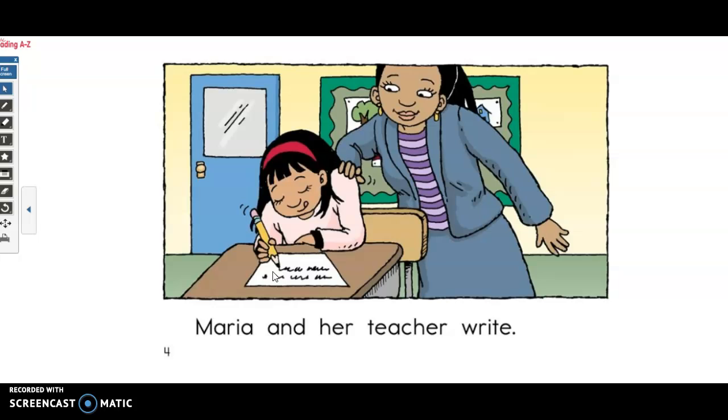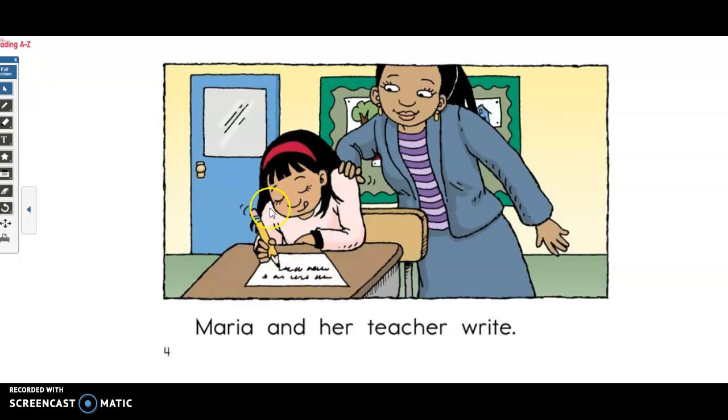Now, this picture is very interesting to me because I noticed that the teacher's hand is on Maria's shoulder. I wonder what that means. Do you think that the teacher is a nice person? Yeah, I think so, right? The teacher is putting her hand on Maria's shoulder because she cares about Maria's writing.